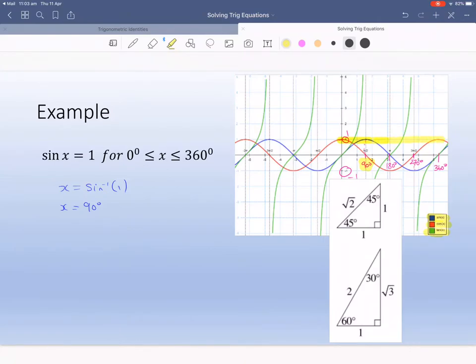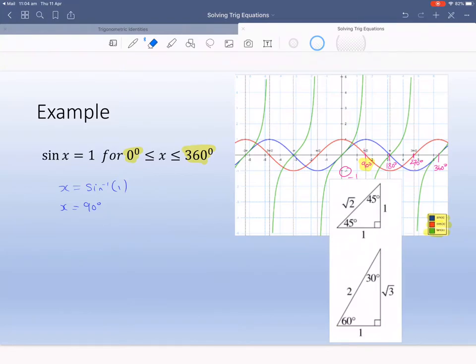No, that's the cos wave we're hitting. No, we've gone past 360 degrees, so there's only one solution between 0 and 360. Okay? So if you have more questions on that, please ask in class. But yeah, I don't know what else I can do. So x equals 90 within the given domain.